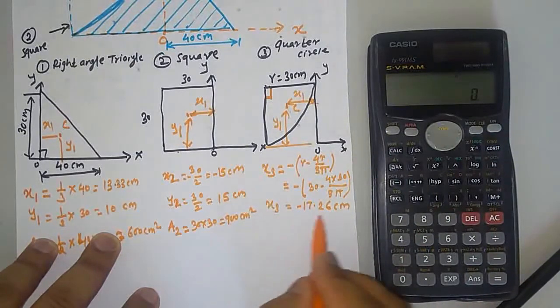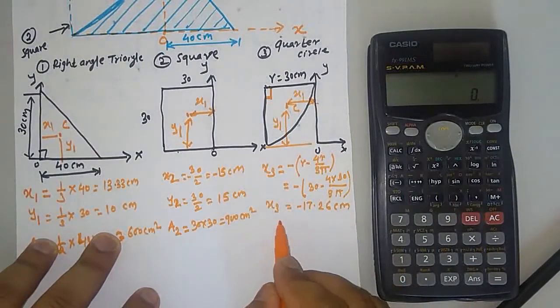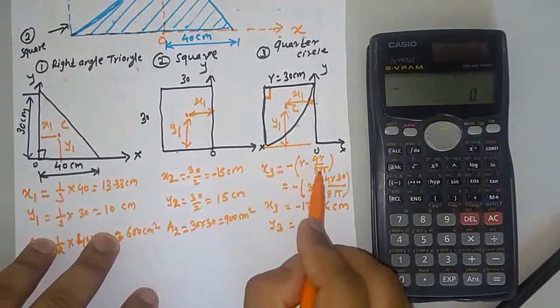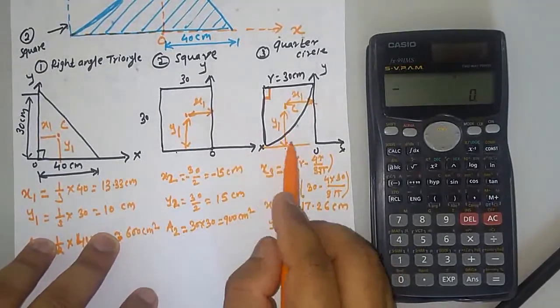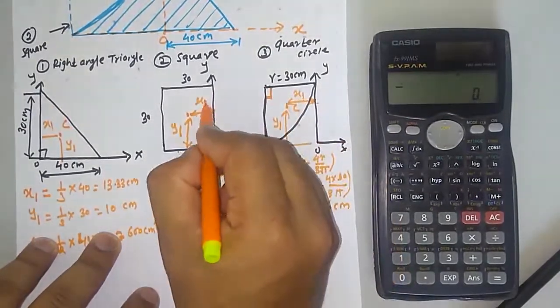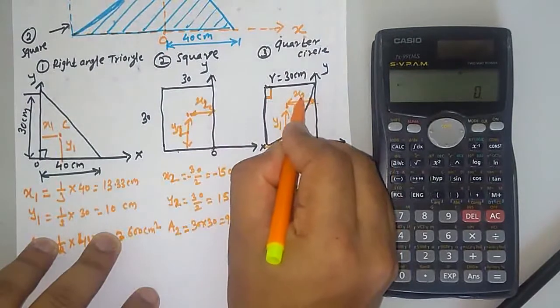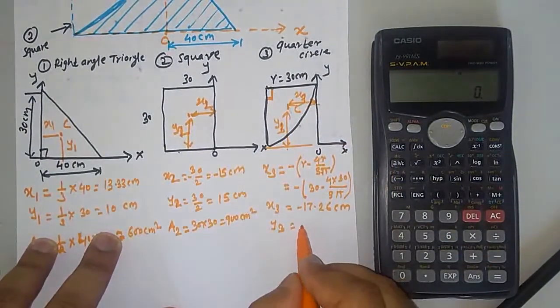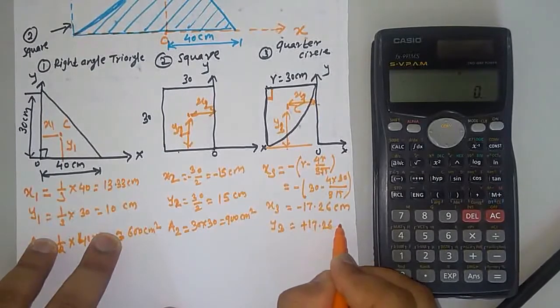So x3 is minus 17.26. And y3 is also the same, r minus 4r by 3 pi, but it is in the second quadrant, so y3 will be plus 17.26 centimeter.